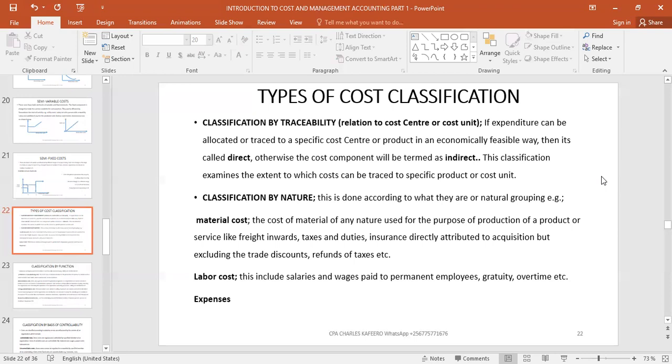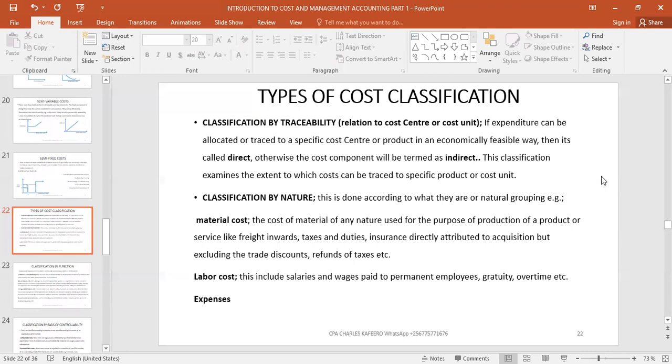Leave alone the cost you've spent on the materials themselves, there is also the carriage inward, or the transport costs you've incurred to transport those raw materials from where you got them to the place of work.